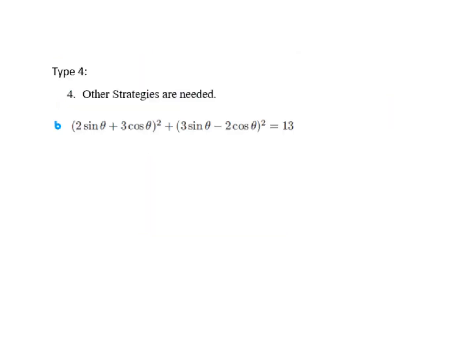So we have used other strategies when we verify trig identities. First of all, we remember that a plus b squared, square of addition and subtraction, is a squared plus 2ab plus b squared.